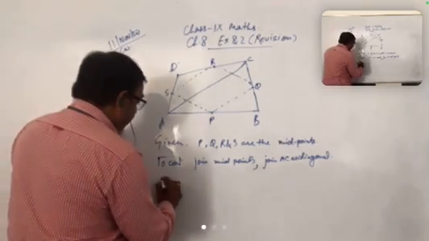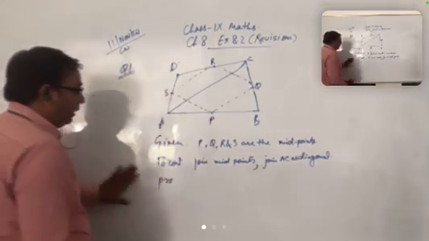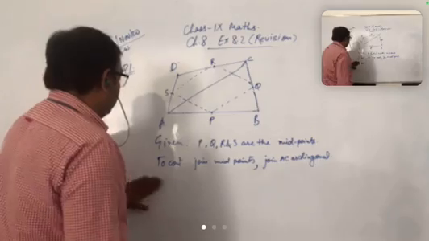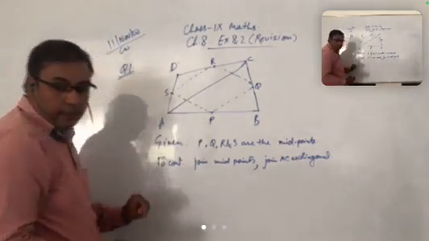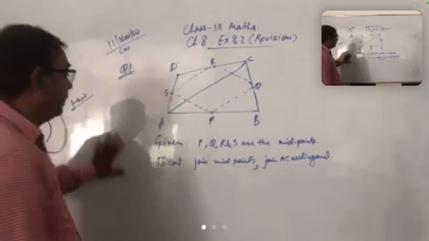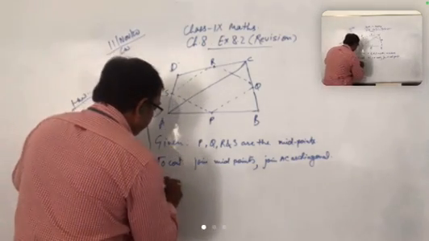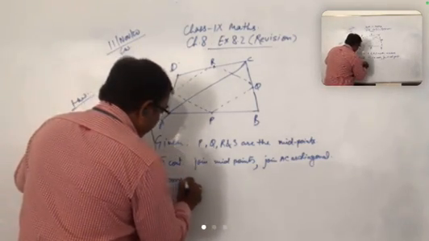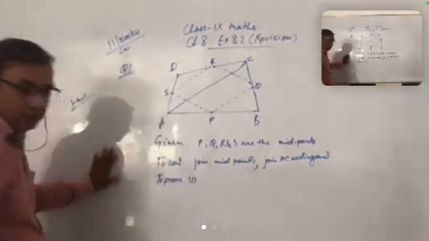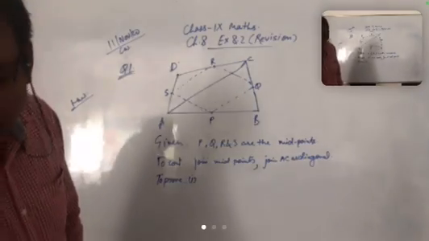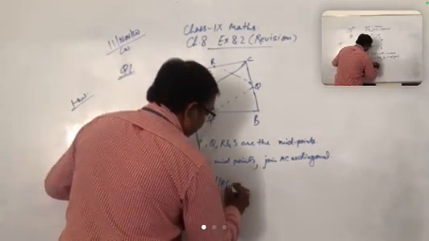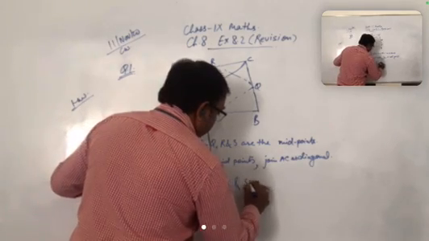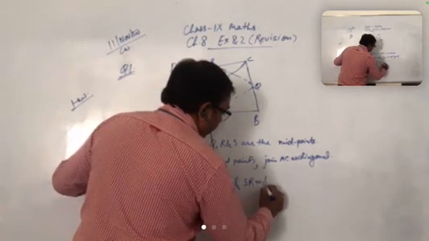Now, if we start a proof, to prove there is more than one proof. So first is SR is parallel to AC and SR is equal to half of AC.